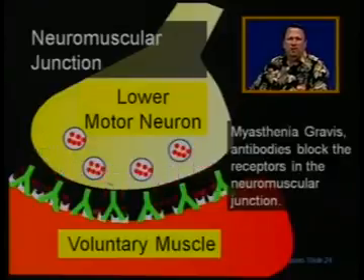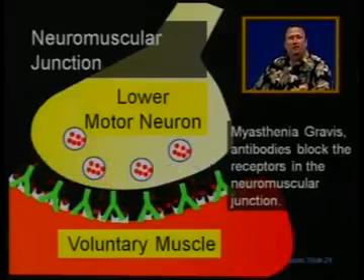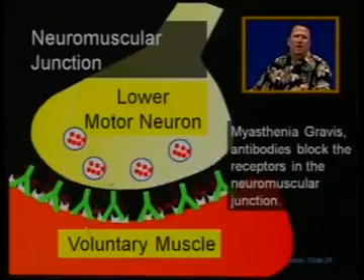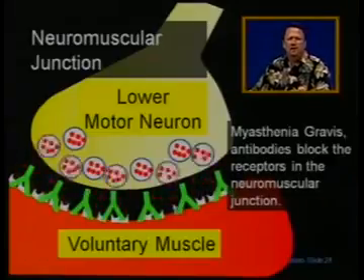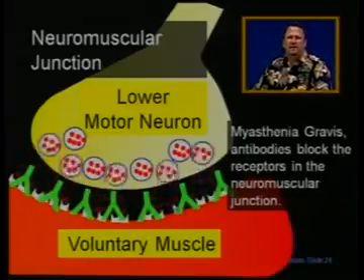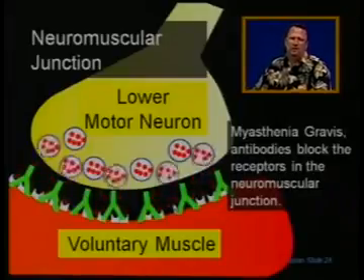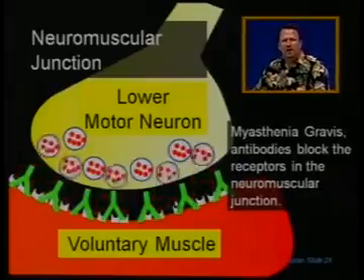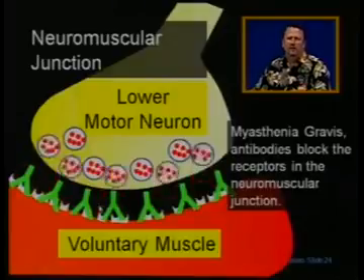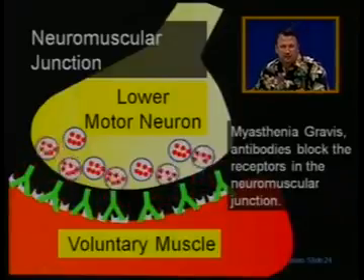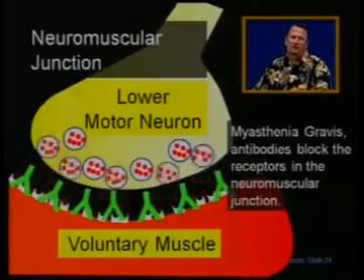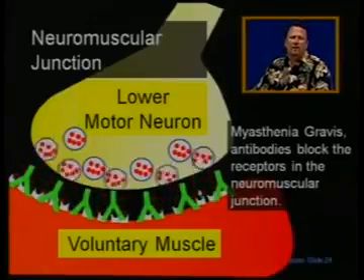And just to make this point, there's a disease process called myasthenia gravis, and this is where antibodies are going to block the receptors at the neuromuscular junction. So when we talk about autonomic pharmacology, you're going to notice that there is some neuromuscular junction pharmacology involved as well. And so these little green Y shapes are antibodies.